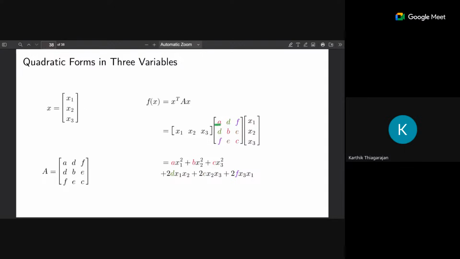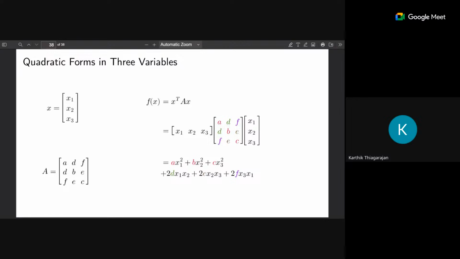Because first row, second row corresponds to x1 and x2. So these two will determine x1, x2, and 2E will be x2, x3, because that's second row, third column, and 2F for x3, x1.